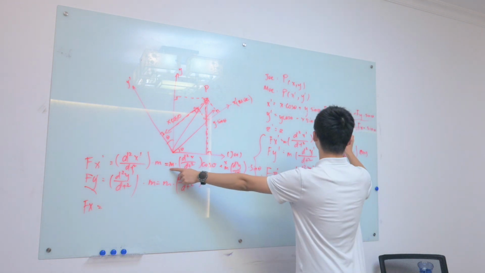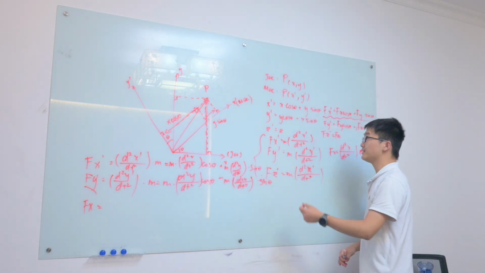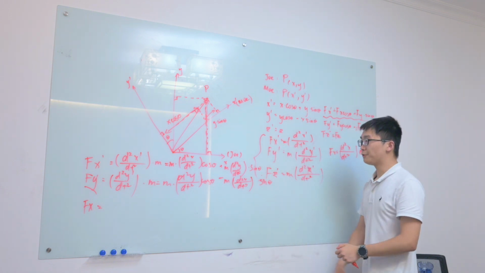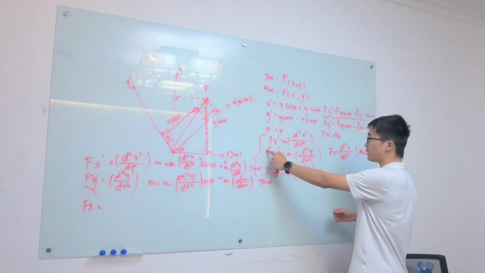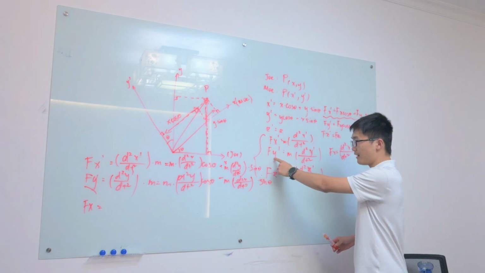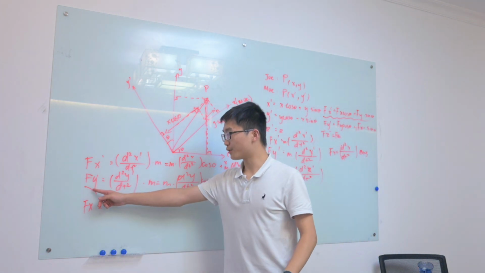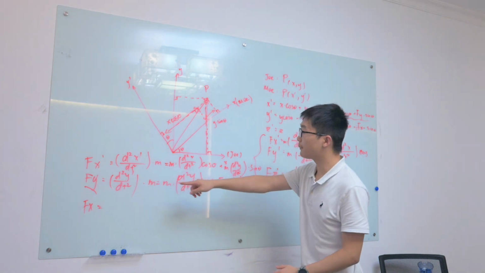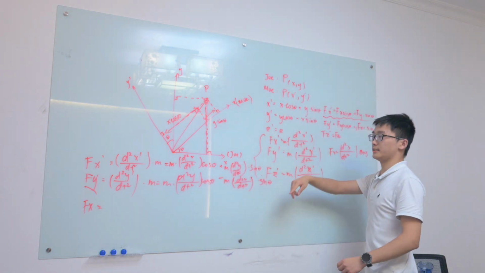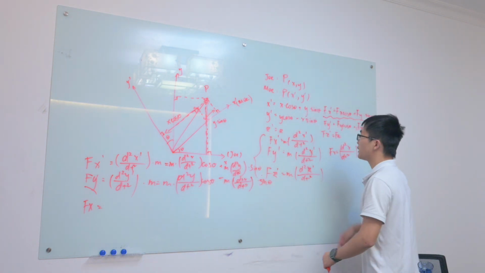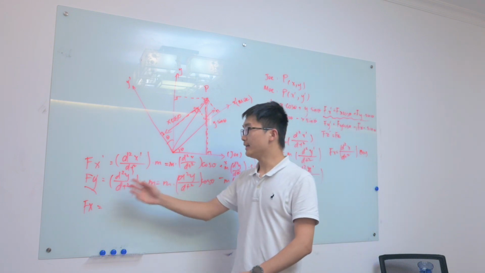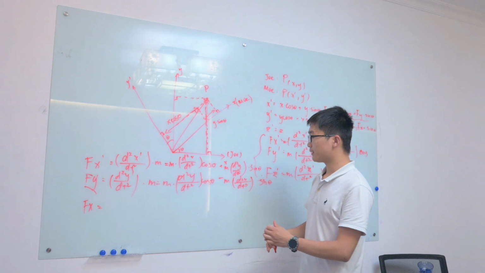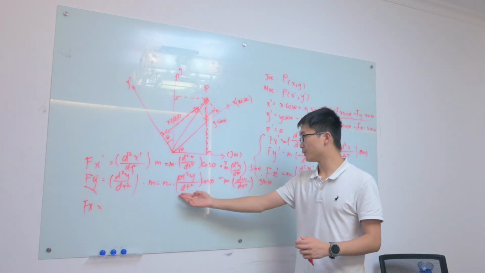So what it means is that this one is equal to this one, and so we have already proven that these two are the same. Now we want to prove it for the y direction, fy. fy prime is equal to this thing, and because we have a relationship of y prime with the x and y in Joe's coordinate system, we substitute this y prime into this fy prime, and the expansion gives us this thing.